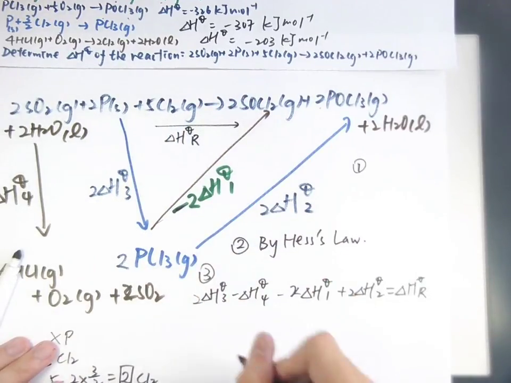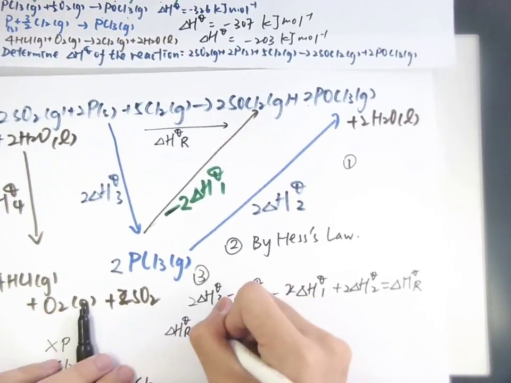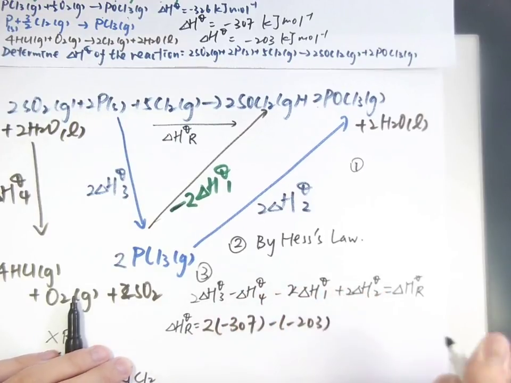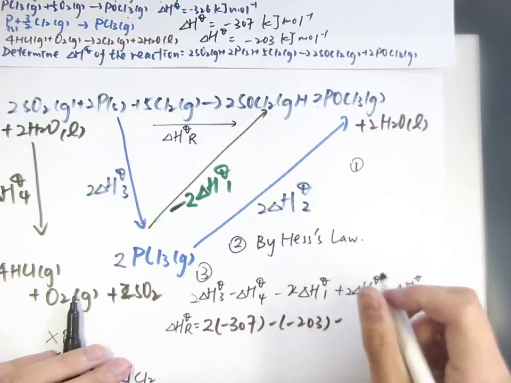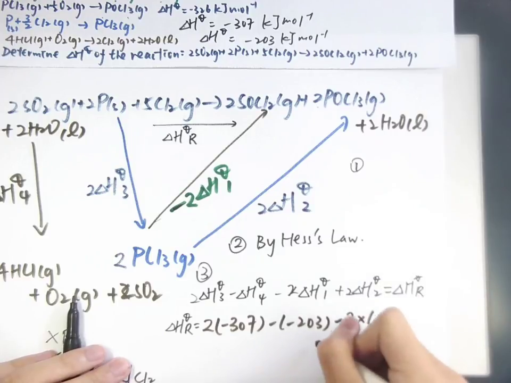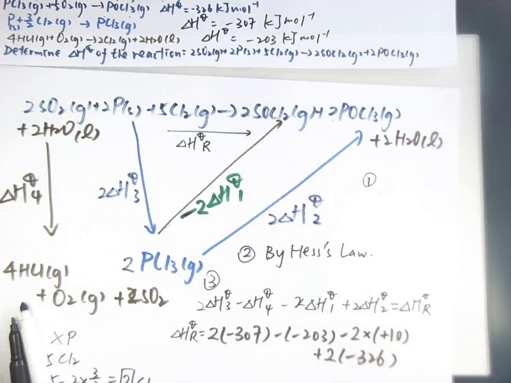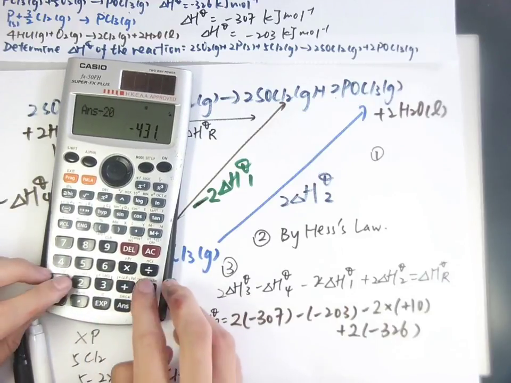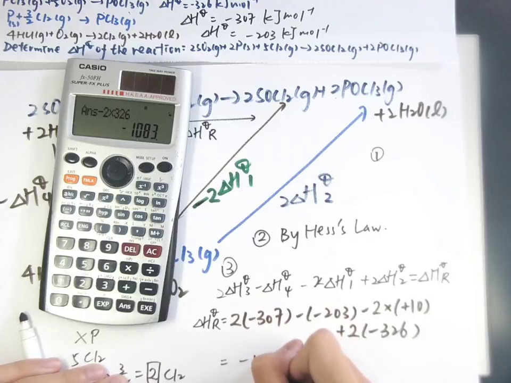So delta HR equals 2 times negative 307 minus negative 203 minus 2 times positive 10 plus 2 times negative 326, which is equal to 2 times negative 307 plus 203 minus 20 and minus 2 times 326, equals negative 1083 kilojoule per mole.